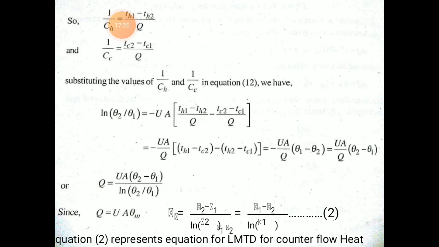Getting the values, 1 upon Ch is (Th1 minus Th2) upon Q, and 1 upon Cc is (Tc2 minus Tc1) upon Q. Substituting these, we get the final equation Q is equal to UA (theta 2 minus theta 1) upon ln (theta 2 upon theta 1), where theta m is known as the LMTD for a counterflow heat exchanger. Thank you very much.